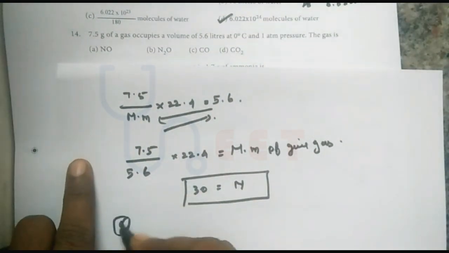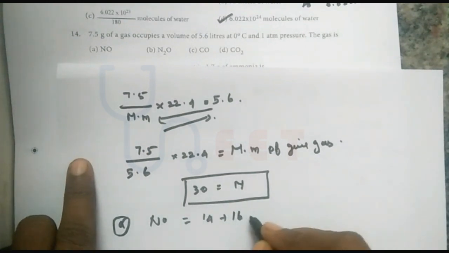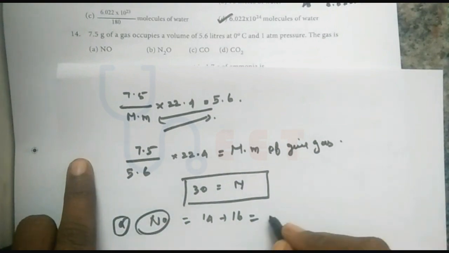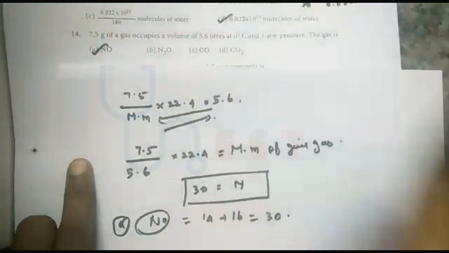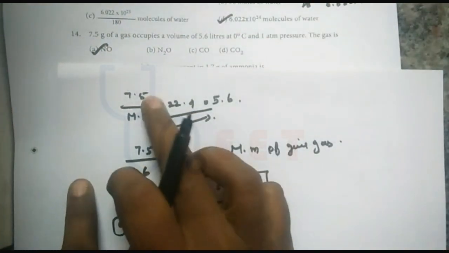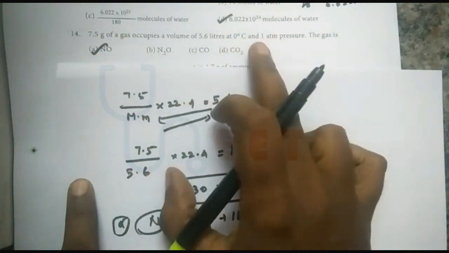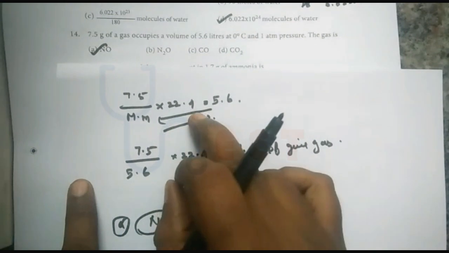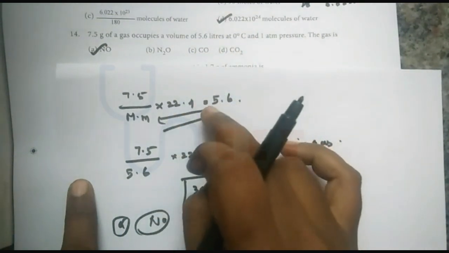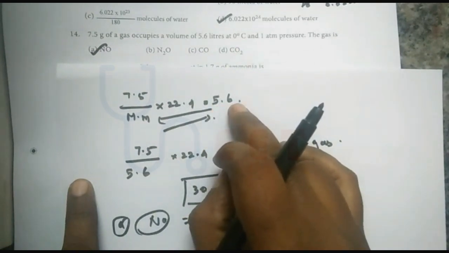Now we check which gas has molecular mass 30. First I check NO. The atomic mass of nitrogen is 14 plus the atomic mass of oxygen is 16, so the total molecular mass of nitric oxide is 30. The formula is mass divided by molecular mass. Here they are asking about liters, and they give standard temperature and pressure, so I put 22.4 here, and the volume occupied by 7.5 grams of gas is 5.6.